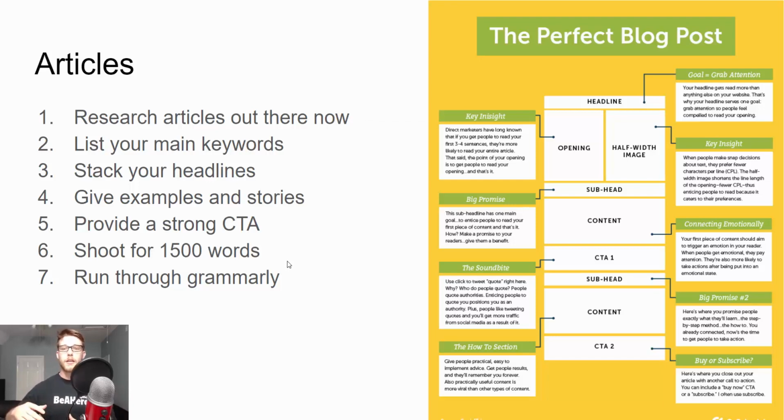Maybe they were talking about how to do a squat. I'm just going to talk about something that I know. So maybe they're talking about how to do a squat, but they don't really talk about improving mobility in the hips and the ankles so that you can achieve depth and get better leverage. So maybe these are things that they don't talk about, so I can make my article talk about those things and make the content even better.